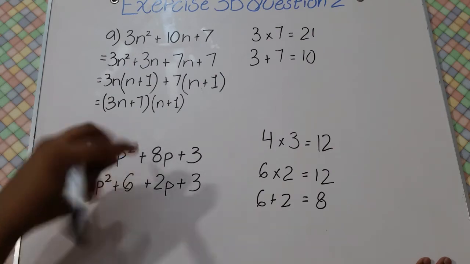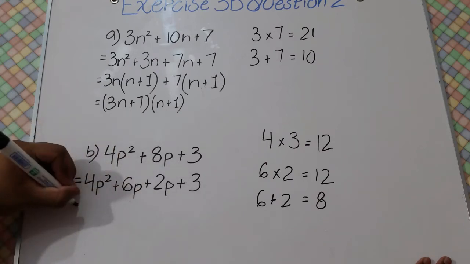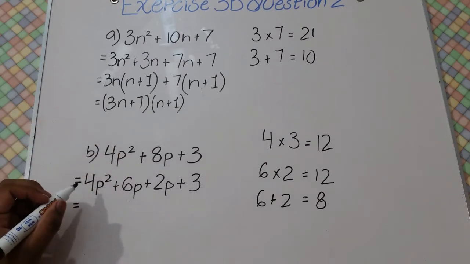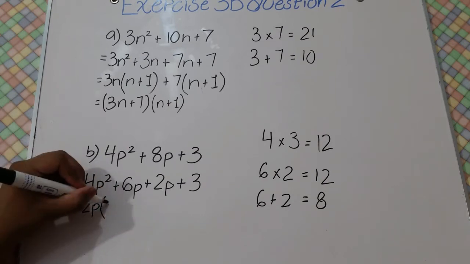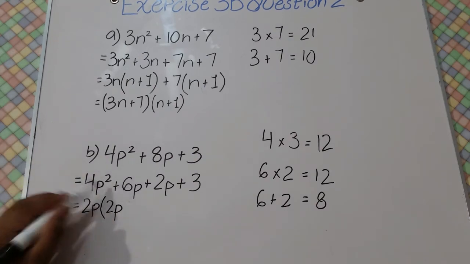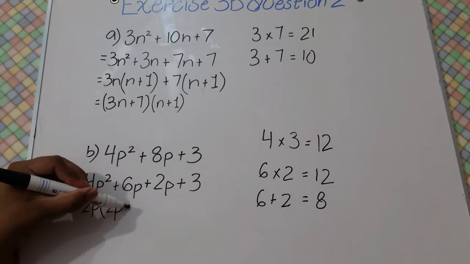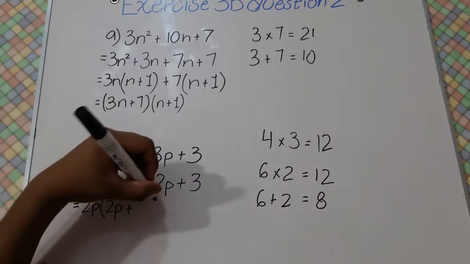So I'm going to now make the brackets. Over here common is 2p, because 2 2s are 4 and p multiplied by p is 4p square, so 1p would be inside. Then plus, 2 3s are 6.